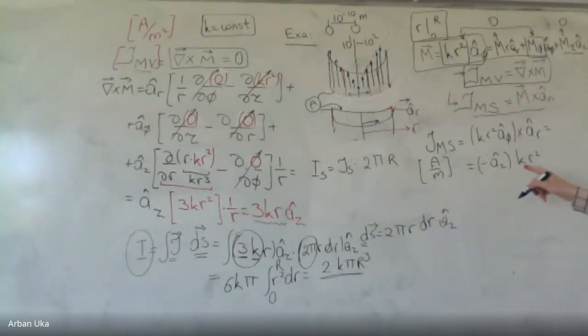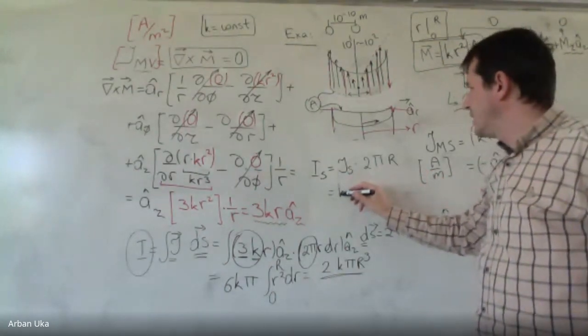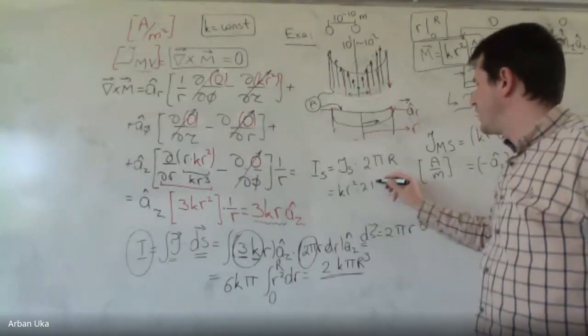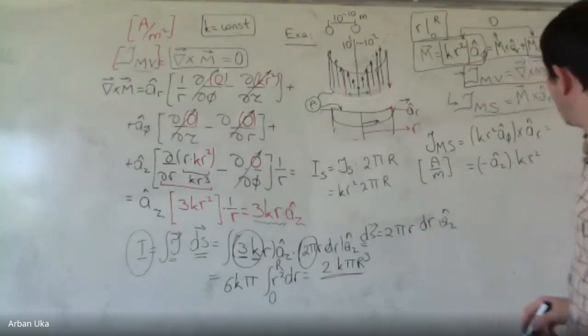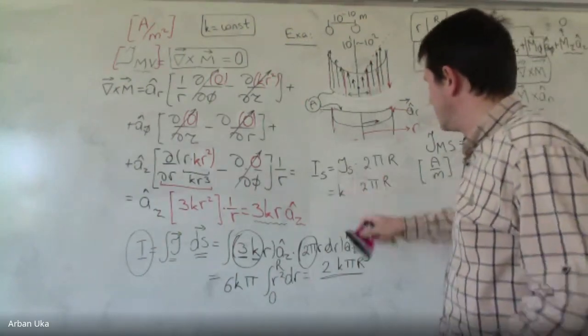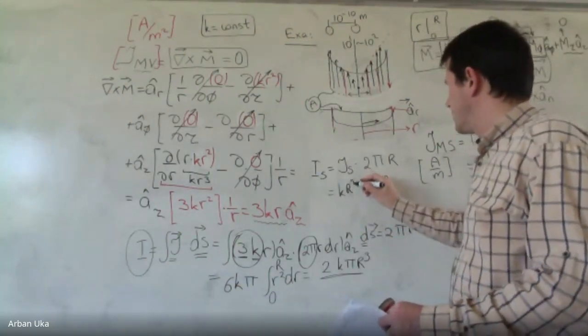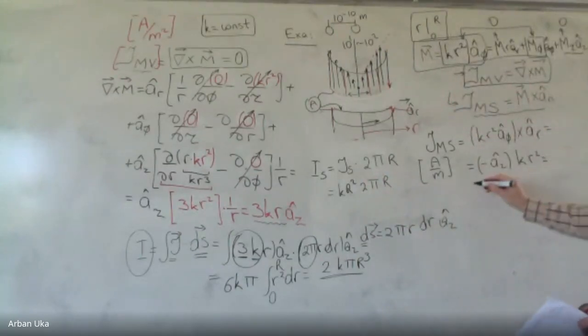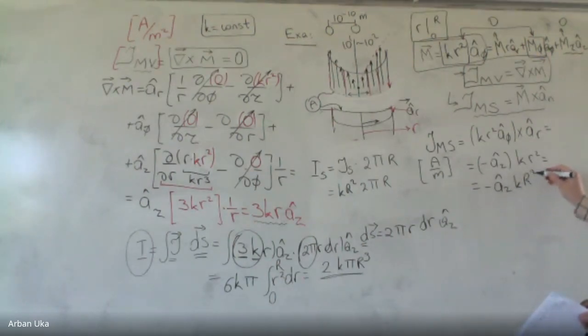So what is Js? Js is kr squared. So this is equal to kr squared times 2 pi r. And in fact, probably we made a mistake here. It's not a real mistake actually, but we should know that this r here is r squared. Even here, assuming that this is on the surface, it's better if we write this one, this is k r squared.